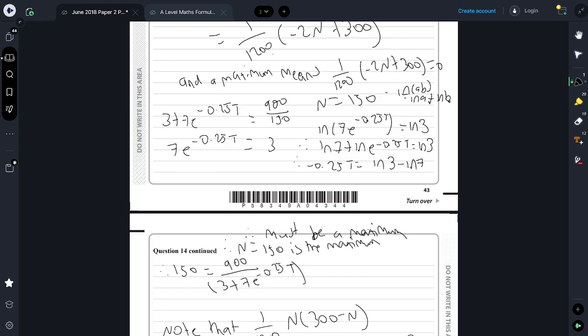Okay, so we subtracted ln 7 from both sides, and then ln e, well, again, we can bring the power outside, because you should remember the log rule. Ln of a to the b is b ln a, okay? So you can always bring powers to the front.